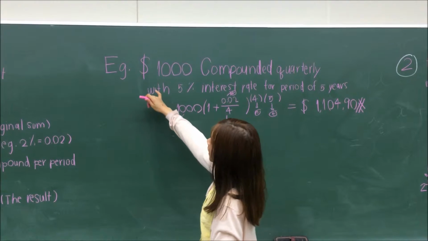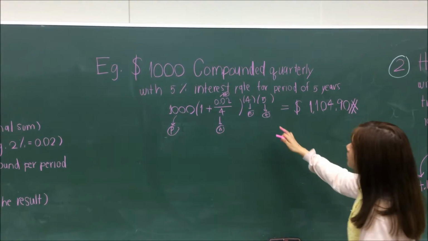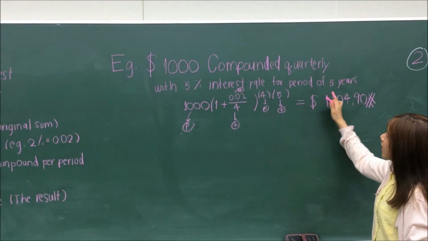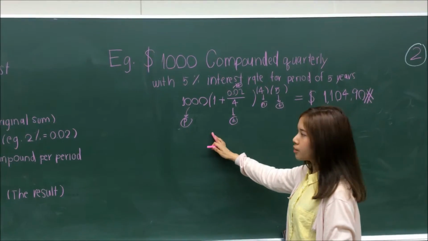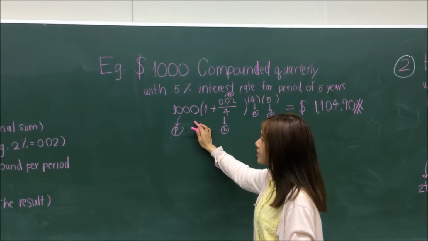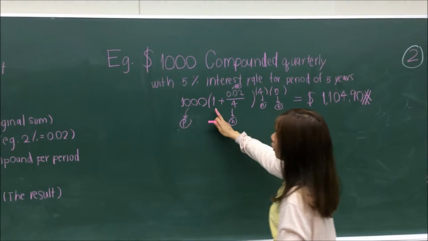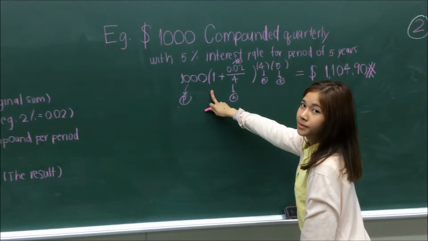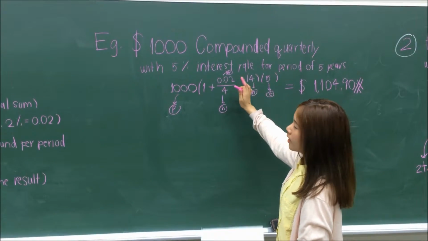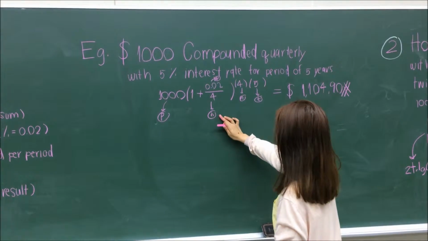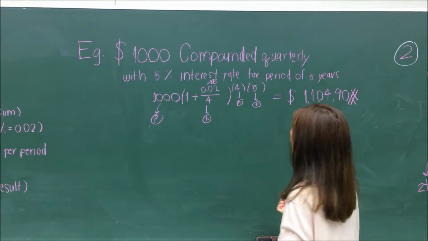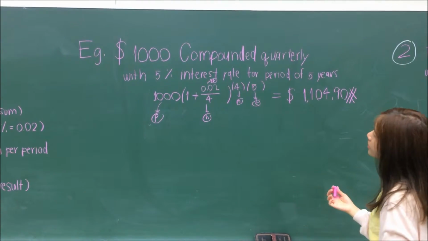If you have $1,000 compounded quarterly with 5% interest for a period of 5 years, this is the formula to apply for calculating the result. 1,000 is the present value, 5% is the interest rate, 4 is the number of times compounded per period, and 5 is the number of years.